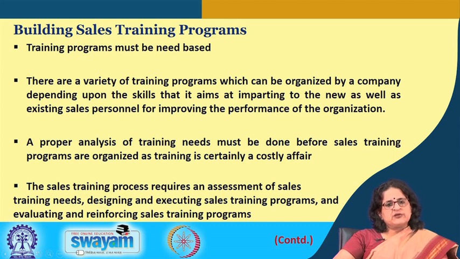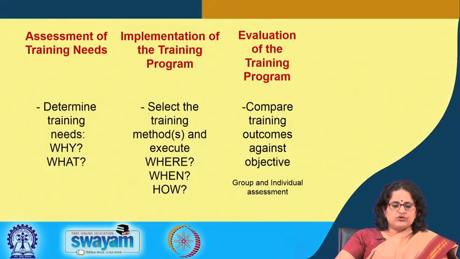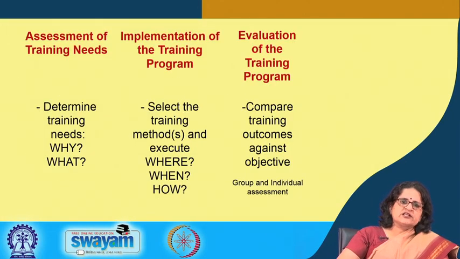So, the sales training process would include an assessment of the sales training needs, designing and executing an effective program, and evaluating and reinforcing the same. We start with assessment of training needs, which means determining why training is required and what should be imparted.